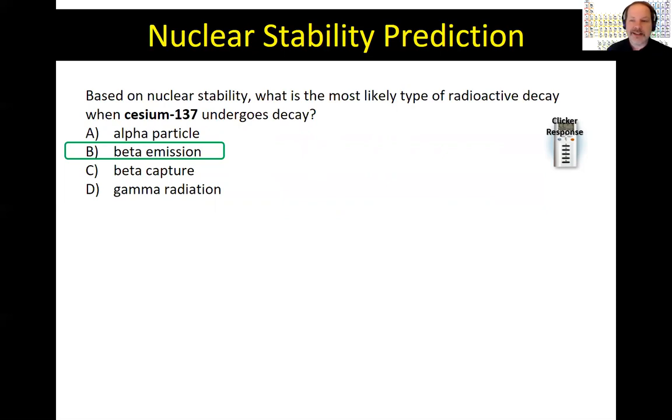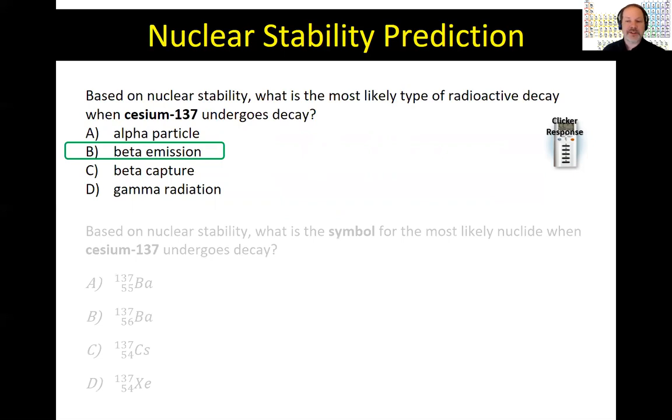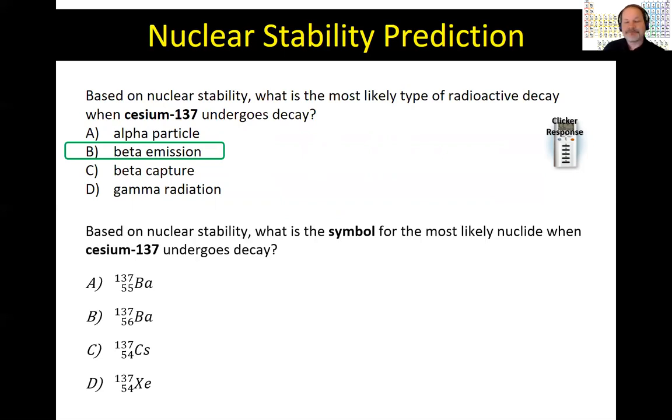So based on this, what kind of element would result after cesium-137 undergoes one beta electron emission? Here are some options. See which one you can come up with. Hopefully you picked barium.